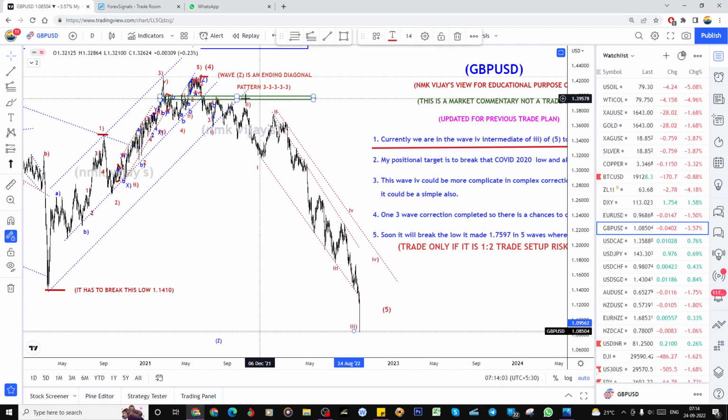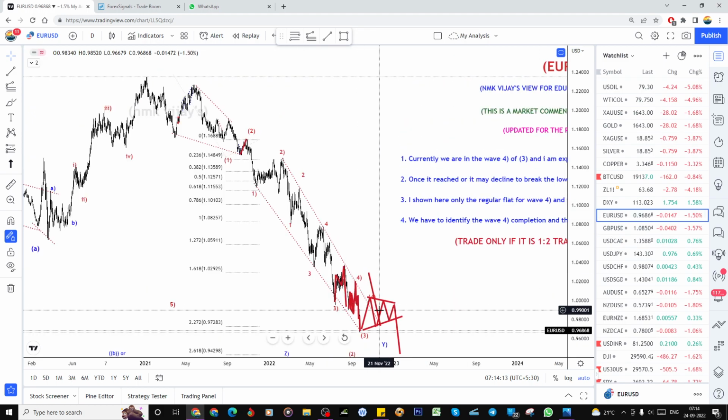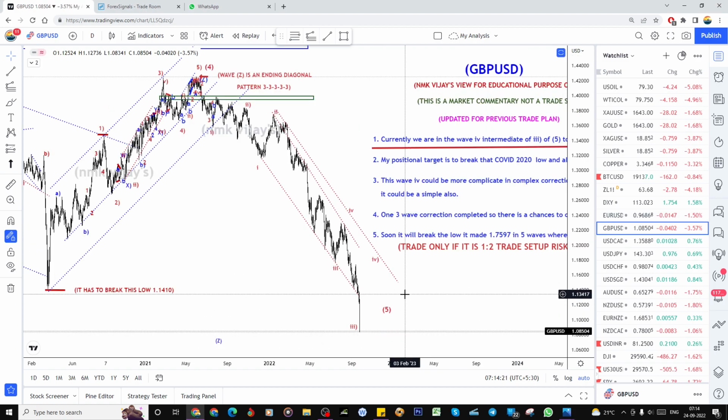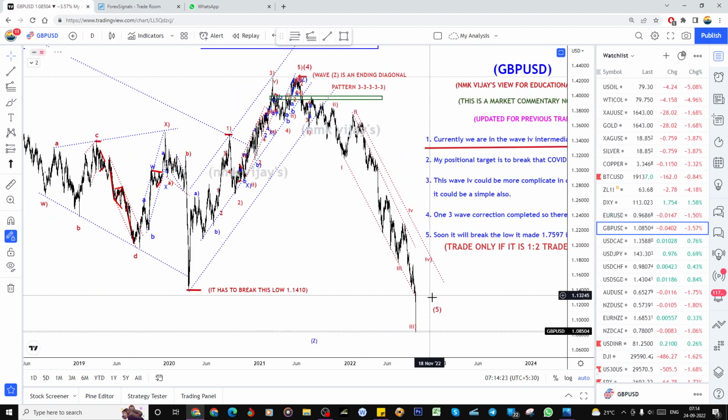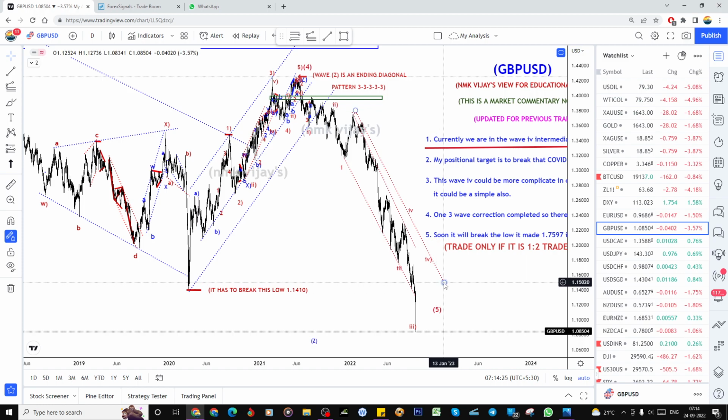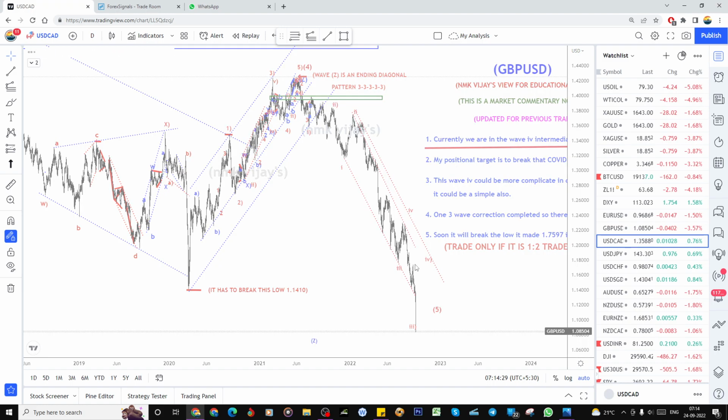These kinds of intermediate waves I'm not able to count in GBP USD, but I clearly saw it, and I already shared this view in Euro USD. So this is the one conclusion I got. In GBP USD and DXY also, we may soon get that bigger correction I'm expecting from the past 15 days. And let's move on to USD CAD.